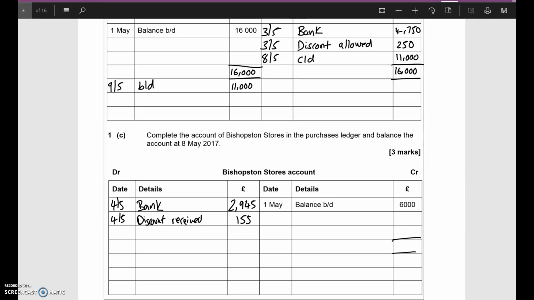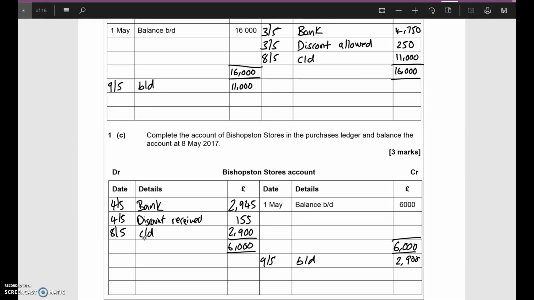Here you would have 6,000, and here you would also have 6,000. So on the 8th of May you would have the balance carried down, which is a difference of 2,900, and on the 9th of May you would have the balance brought down of 2,900.